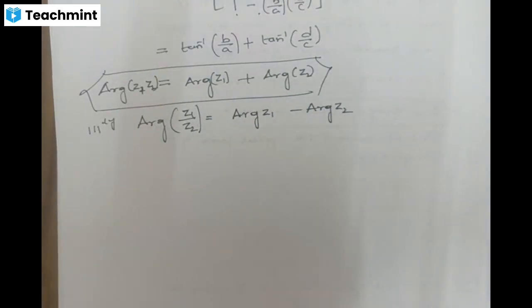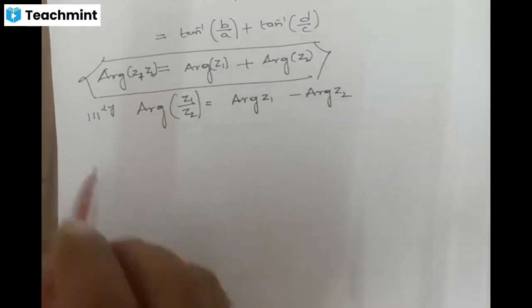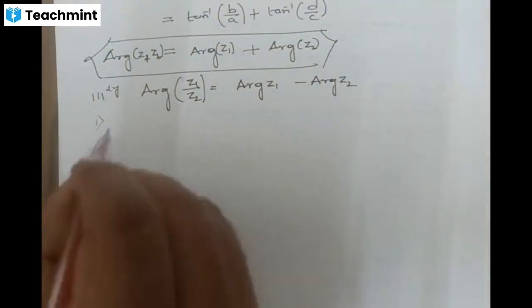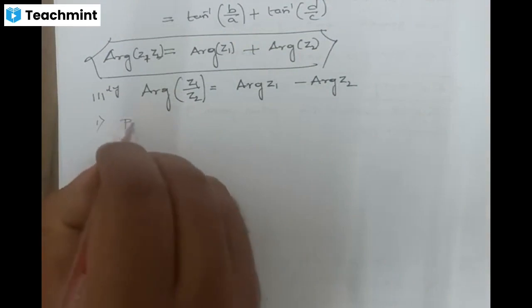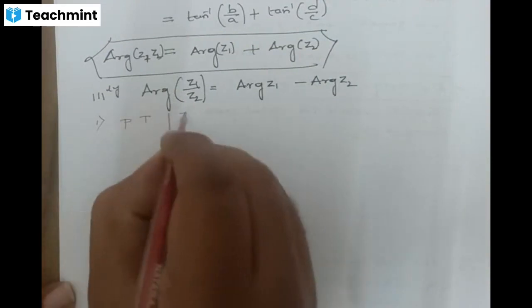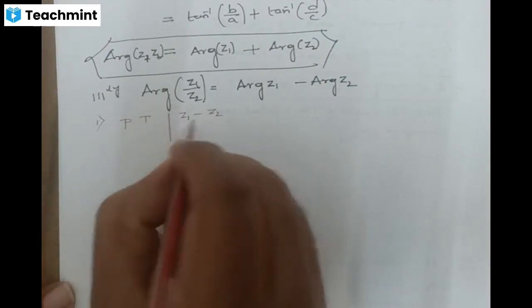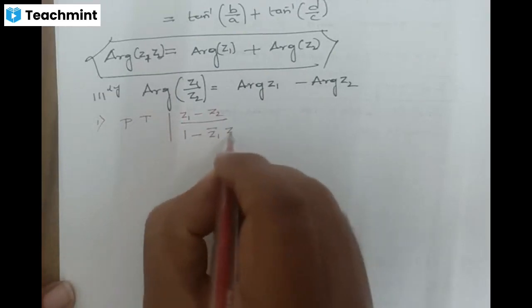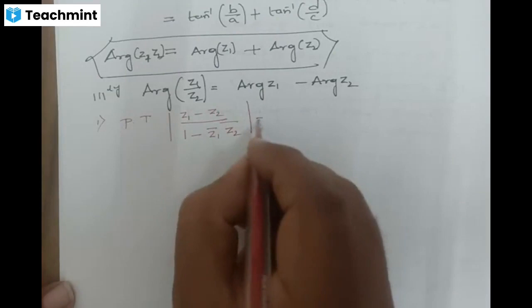Okay, so now next problem. Prove that modulus of z1 minus z2 divided by 1 minus z1 bar into z2 equals 1.